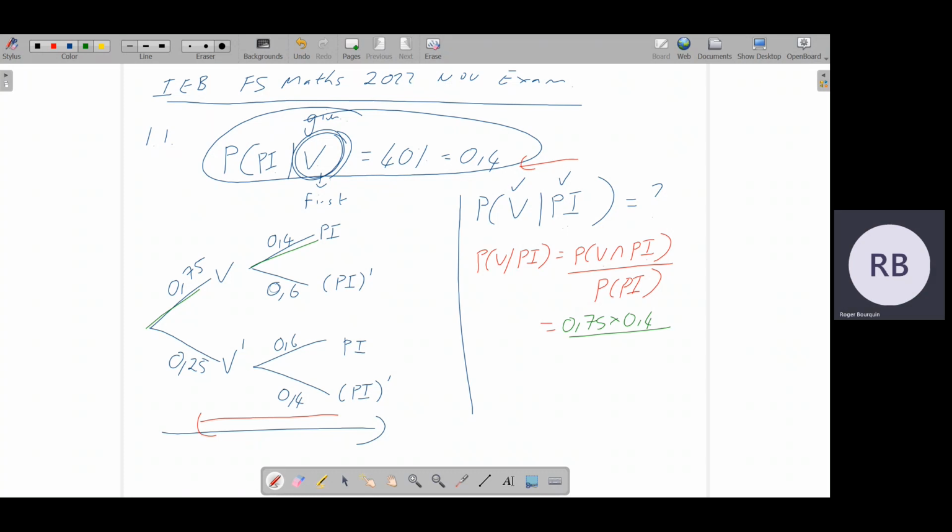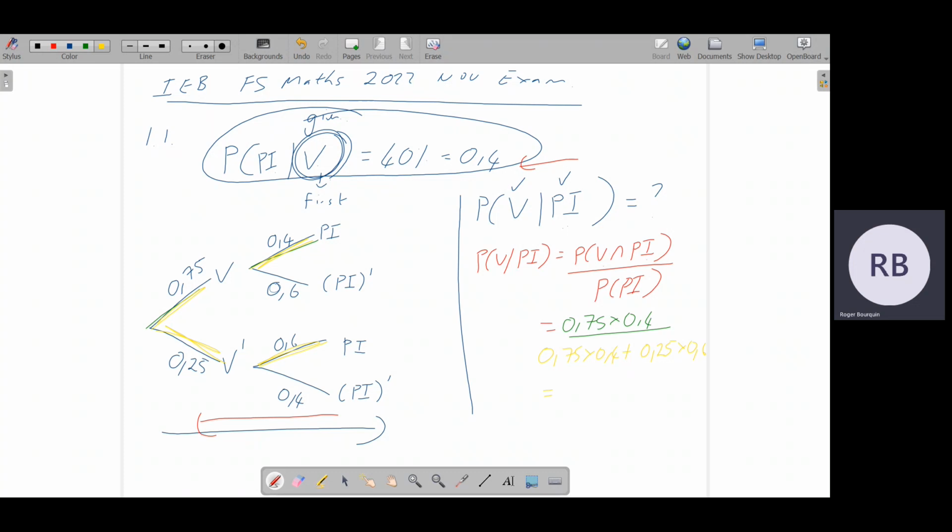And the probability of a previous infection is this in yellow: that's a route to a previous infection, and that's also a route to a previous infection. So that will be equal to 0.75 times 0.4 plus 0.25 times 0.6.